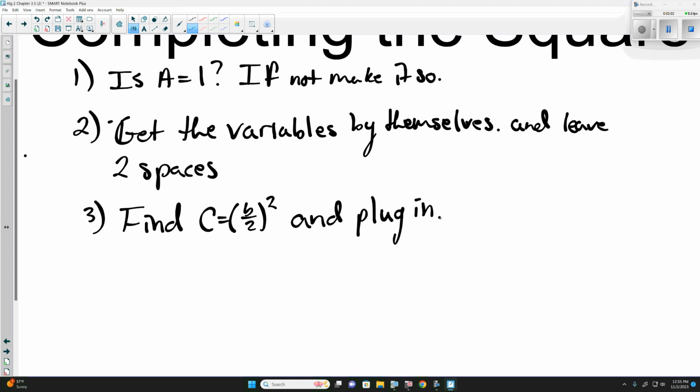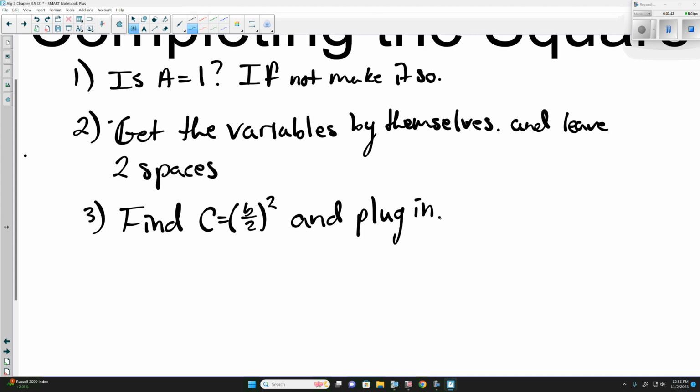Is a equal to 1? If not, make it so. Step 2: get the variables by themselves and leave 2 spaces.